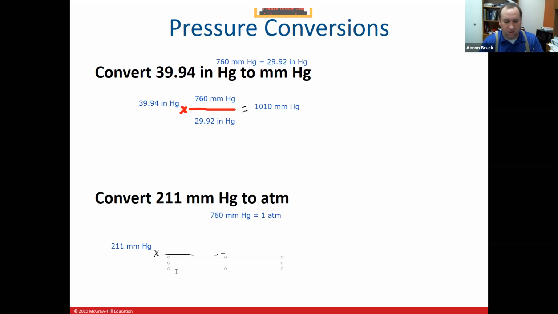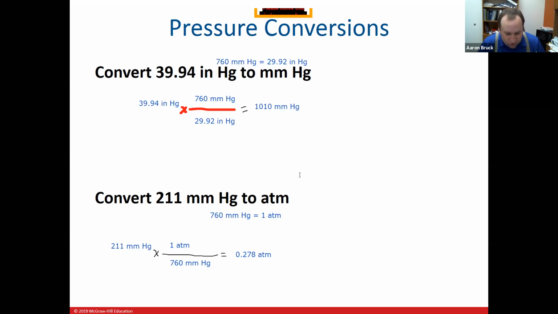Millimeters of mercury go in the denominator to cancel out. 211 divided by 760, to 3 significant figures, is 0.278 atmospheres of pressure.